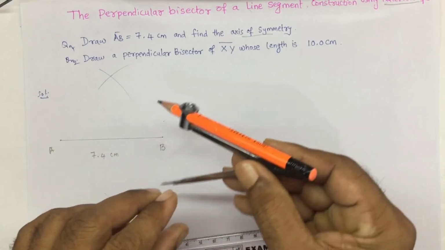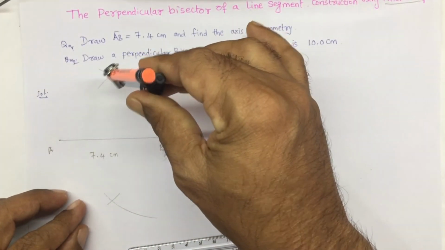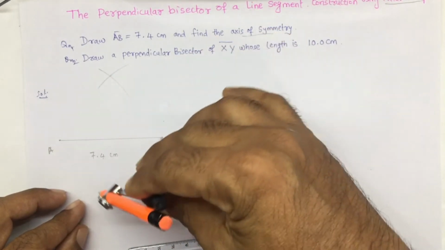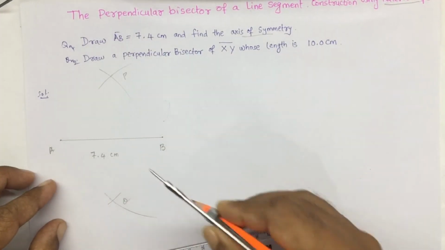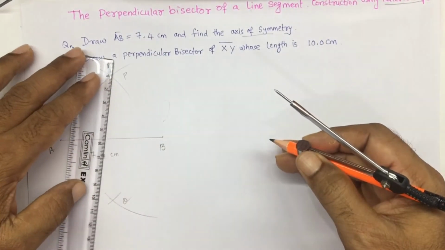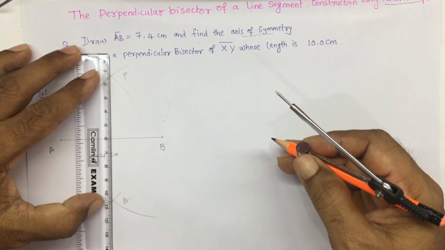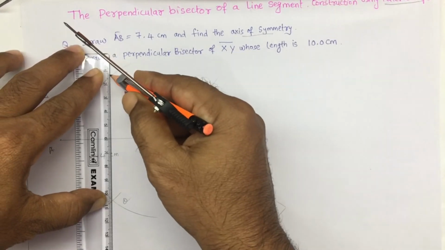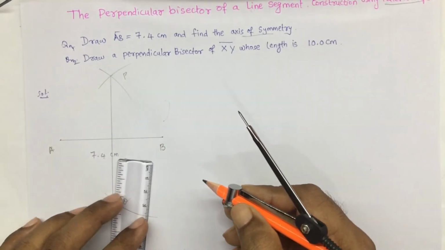At the same time, you can draw another two arcs so that these fresh arcs intersect the previous arcs at some points, say P and Q, and join the PQ, and the PQ is the bisector of the line, or in other terms it is the axis of symmetry. This is the axis of symmetry.